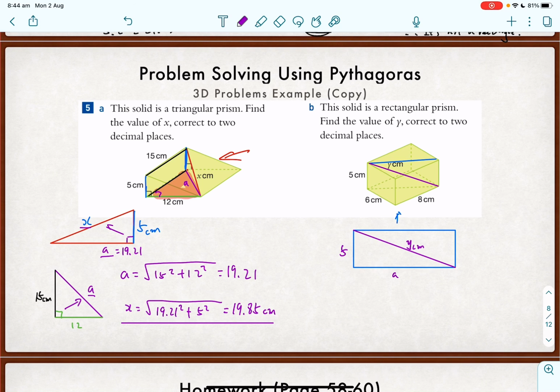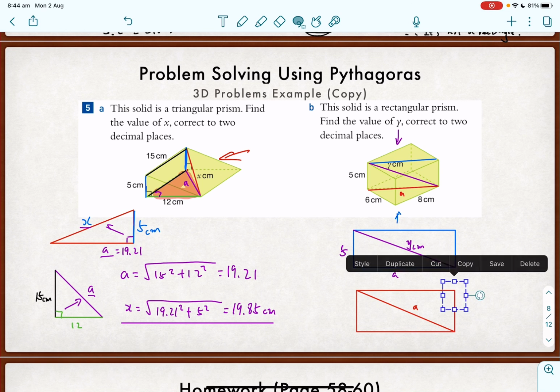Okay, but if you look from the top, the rectangle from the top here, you're going to see a rectangle like this. Oopsie, I should be using a different color.